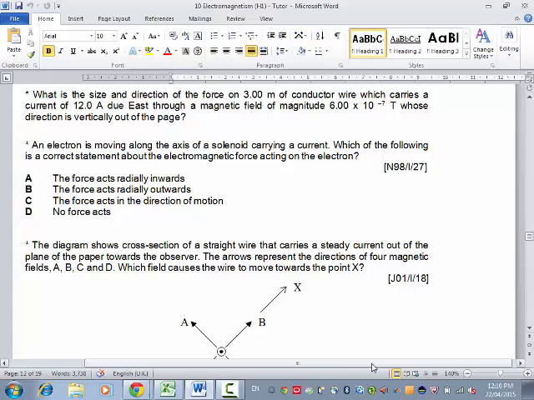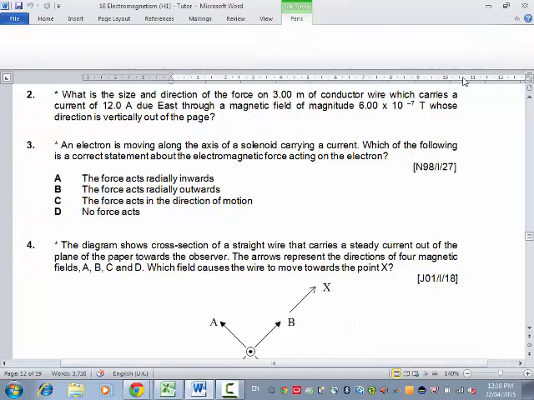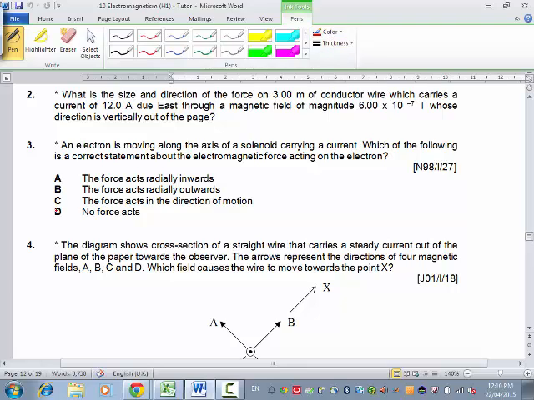Okay, so back to this question. The answer is D because the motion of electron is parallel to magnetic field. That's why there's no force.